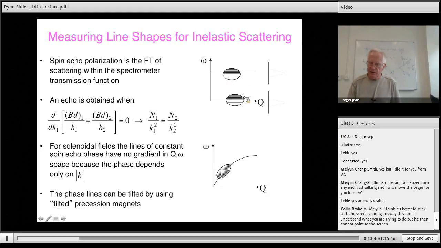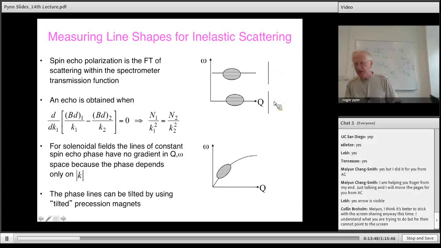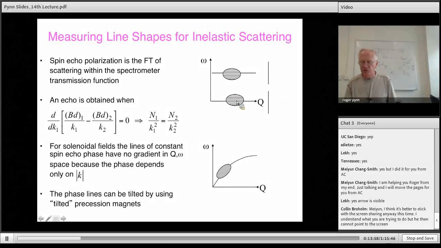So here, down here, if you were making a measurement, what you would be measuring essentially is the line width of the excitation. And very faintly off on the right here, you can see the line width that you would measure if you were to simply translate this resolution function through a sharp excitation here.